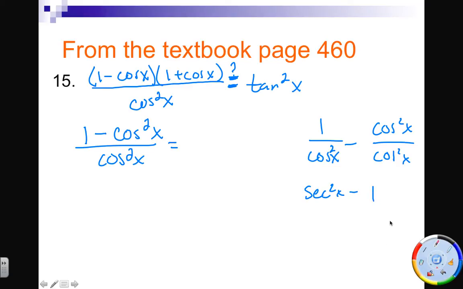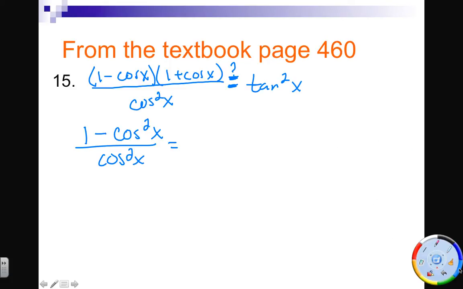I guess you don't have to resist the urge because I just proved that this works this way. So I'll come back to this. I'll do this in a different version. You might not solve the problem the same way the other person solves the problem. Here, I like to just look at 1 minus cosine squared is sine squared, using my Pythagorean identity. And I know that sine squared over cosine squared is tangent squared x.